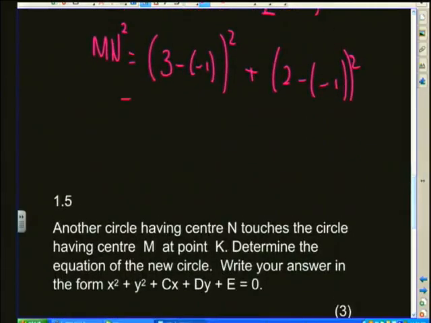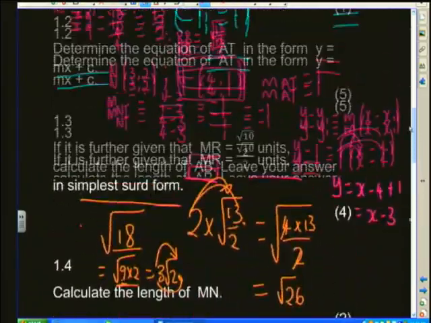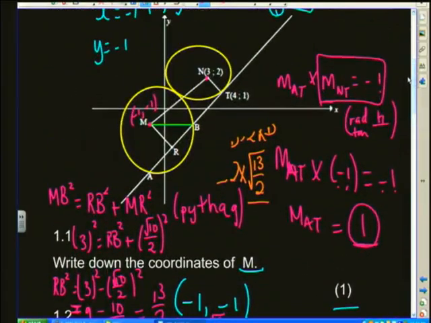Okay, we simplify that. 3 minus 1, so we're going to get 4. 4 squared is going to give me 16, plus 2 minus 1 is 3. 3 squared is 9. 16 plus 9, 25. So if MN squared is 25, remember if you're looking for the distance, you need to square root your final answer. So therefore MN would be equal to 5. We're obviously, again, only interested in the positive square root because we are dealing with the distance. So therefore, the length from M to N, the distance between the two centers, is 5 units.